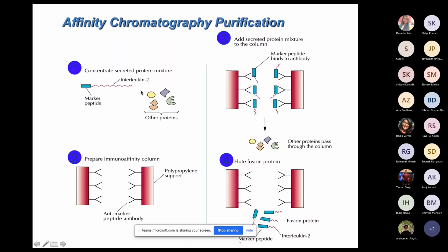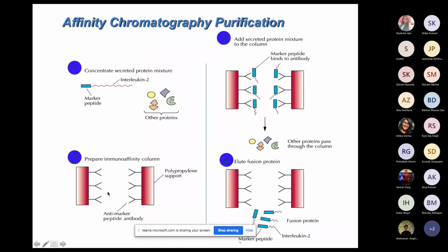So here there is this interleukin 2. This is your protein of interest. You made it in fusion with this marker peptide. Then you have this column in which you already bound this anti-marker peptide antibody.